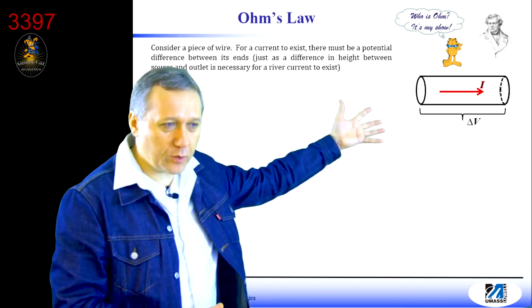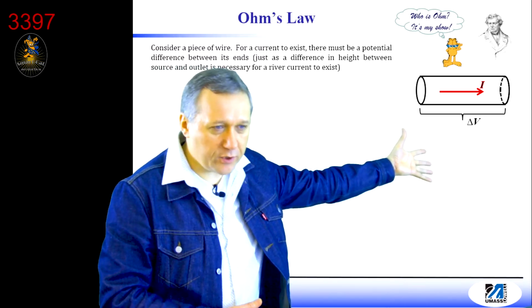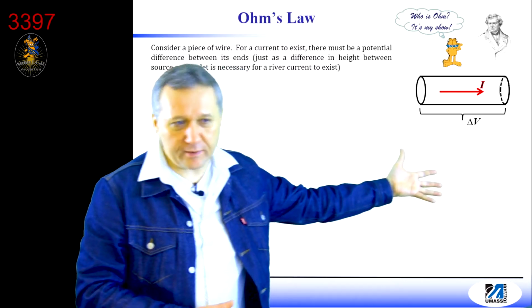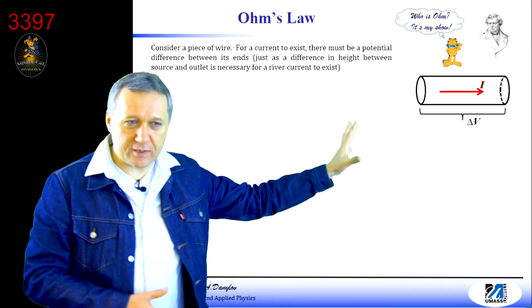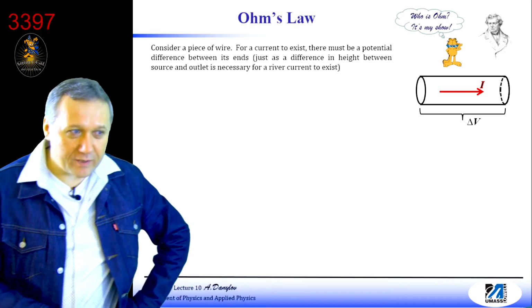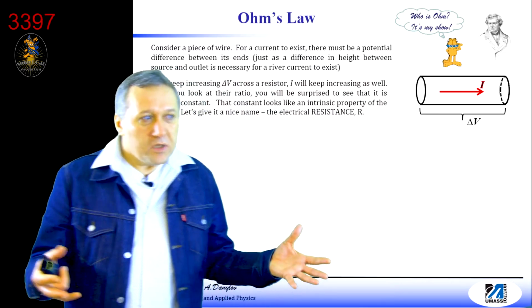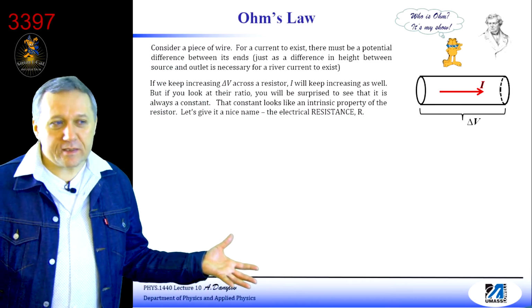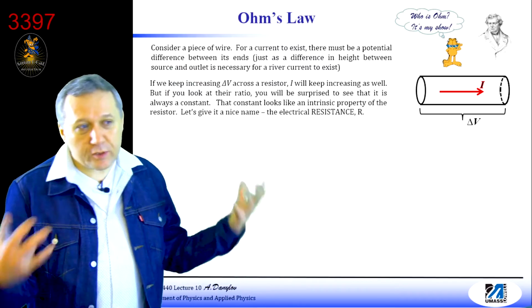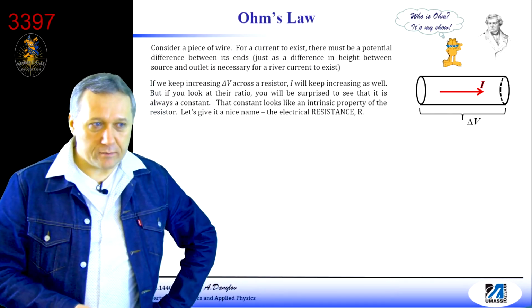Of course, assuming that you're not doing anything to this piece of a conductor. You're not changing conditions, you're not changing temperature, nothing like this. So if you keep the system the same, the ratio of the potential difference versus current is going to be the same. If it stays the same, then most likely it's some characteristic, intrinsic property of this conductor.